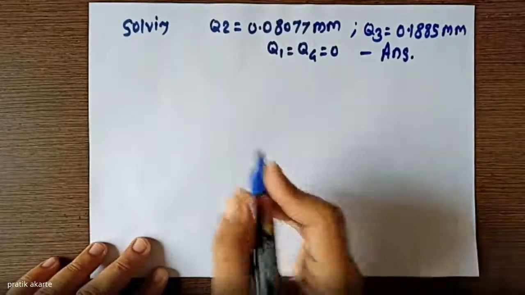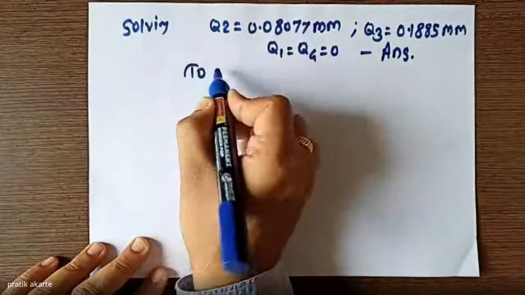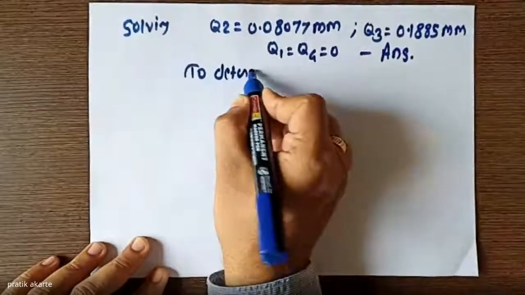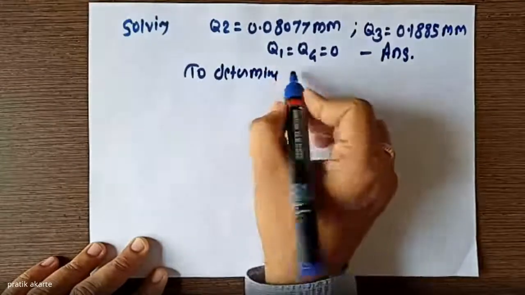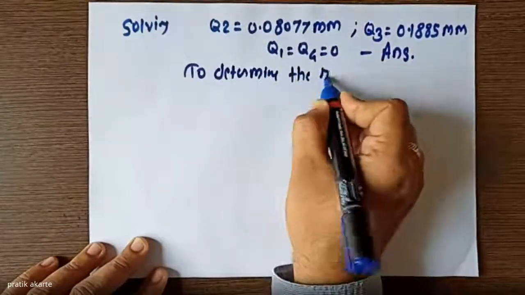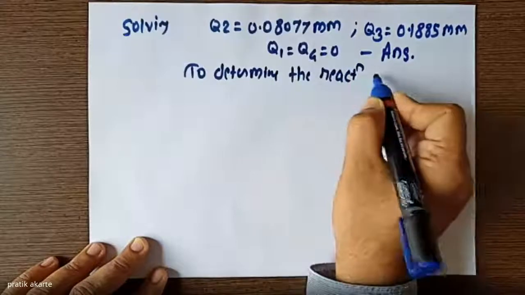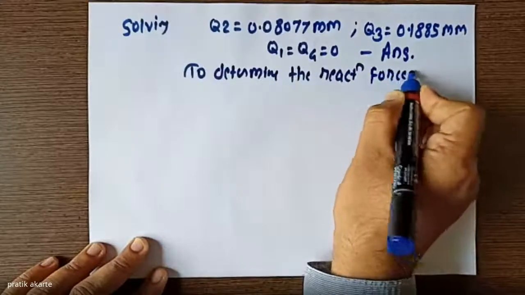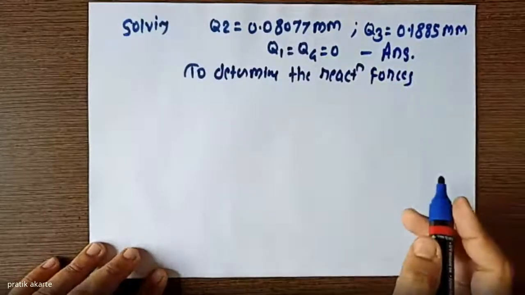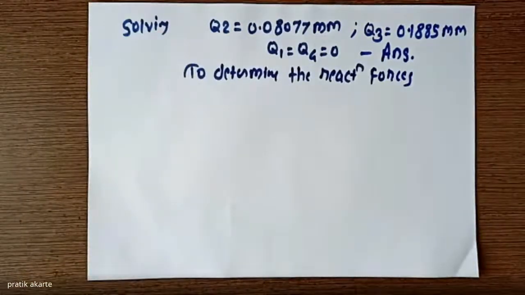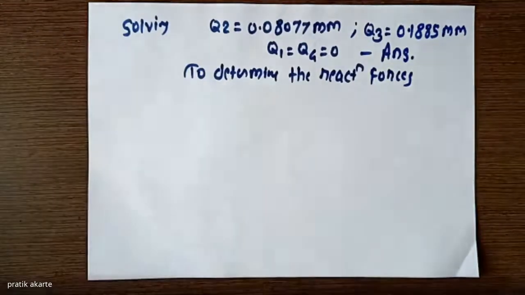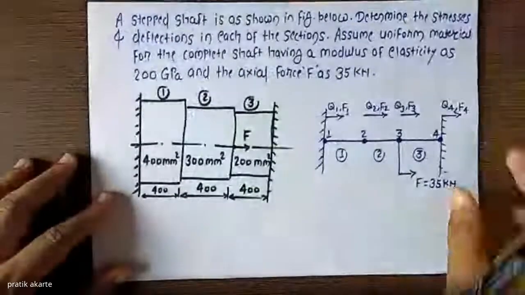Now to determine the reaction forces, again a new thing over here. If you look at the diagram, the reaction forces will be obtained at node number 1 and node number 4. So this is your problem.